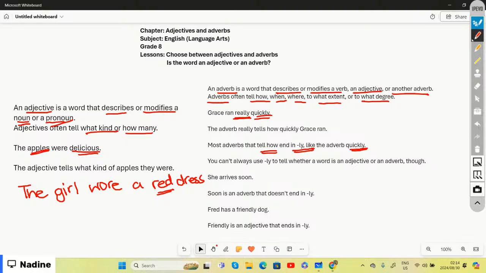And then we have another example of an adverb that says she arrives soon. You see, so it's not just ly all the time. She arrives soon. And soon is an adverb that doesn't end in ly.